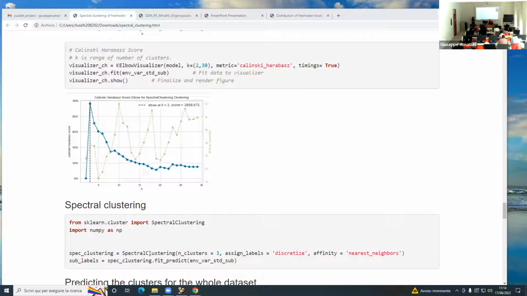Further, the spectral clustering is based on graph theory, and I hope I can explain it a bit. First a similarity or distance matrix gets created, which describes the similarity between points. And then the clustering cuts the objects which are not so similar, until you reach the classes you defined.